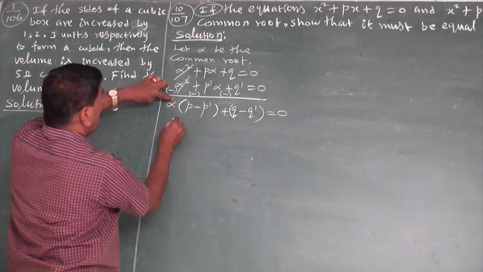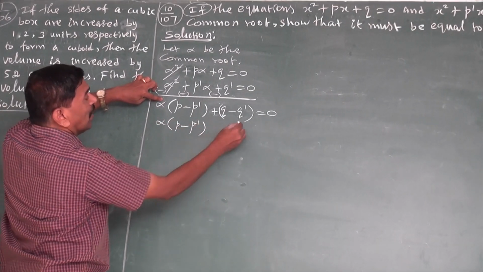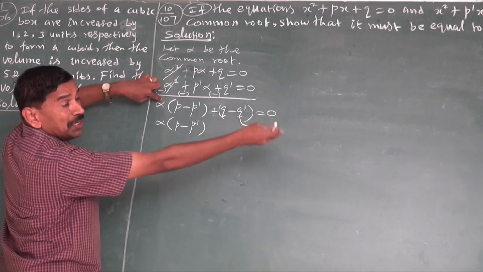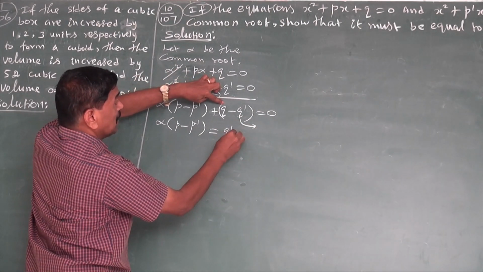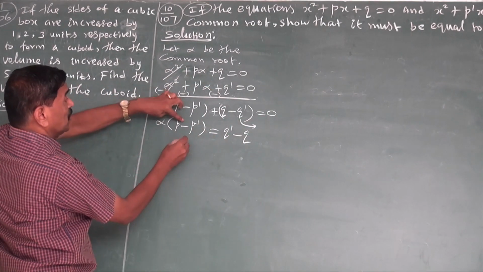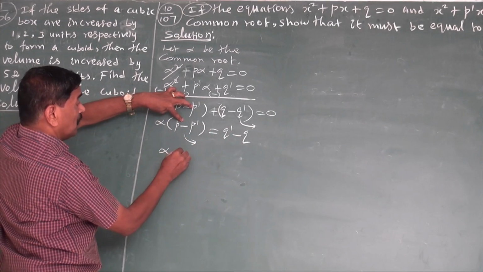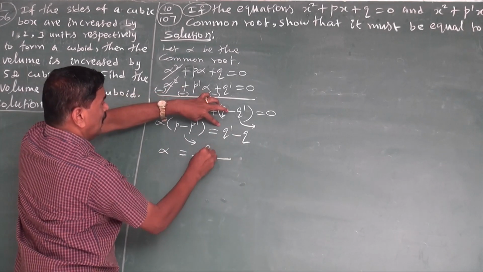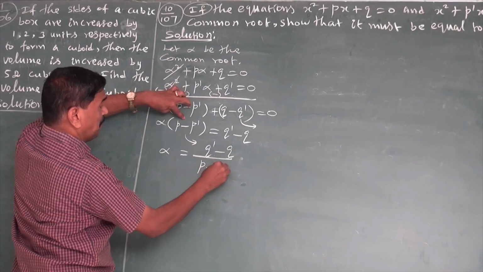Now alpha into (p minus p dash) equals q dash minus q, since minus q dash goes to the right and becomes plus, and plus q goes to the right as minus q. Now this bracket going to the right becomes divided. That means alpha is equal to (q dash minus q) divided by (p minus p dash).